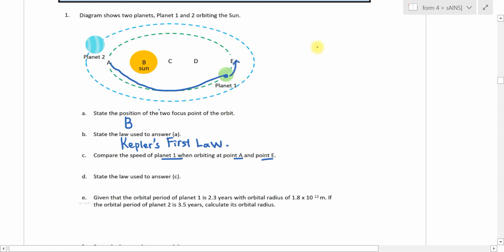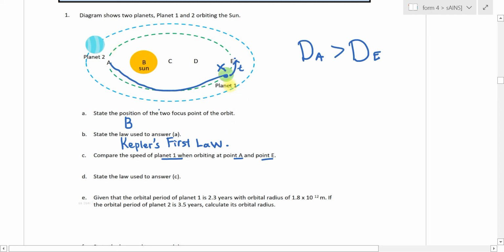So kita boleh nampak the distance taken towards A is greater than the distance taken towards E. But the problem here, the time will be the same. Let's say X lah. Dari X to E or X to A, it will take the same time.